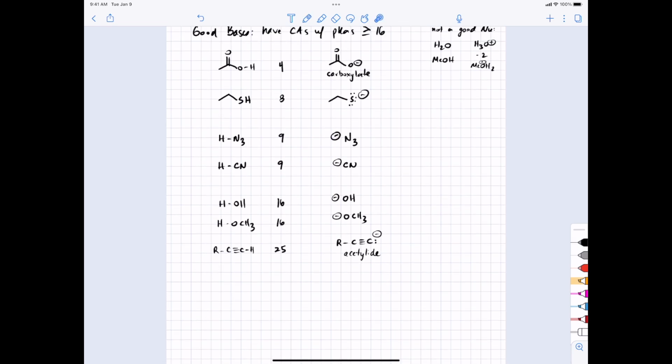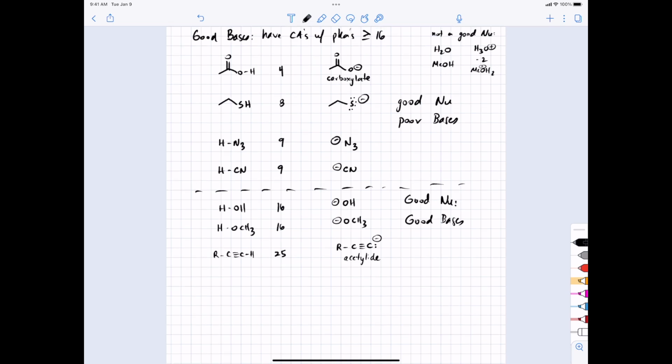So here's sort of your dividing line. Here you have things that are good nucleophiles and good bases. Here you have things that are good nucleophiles, but poor or weak bases.